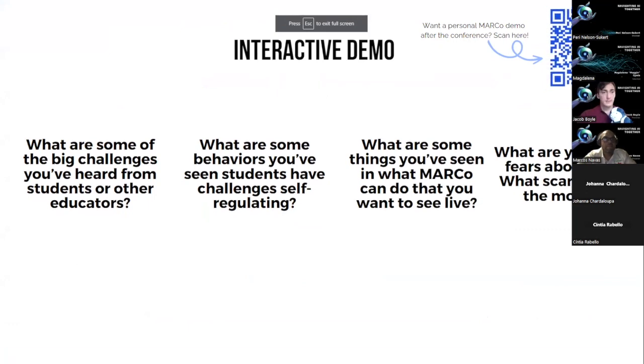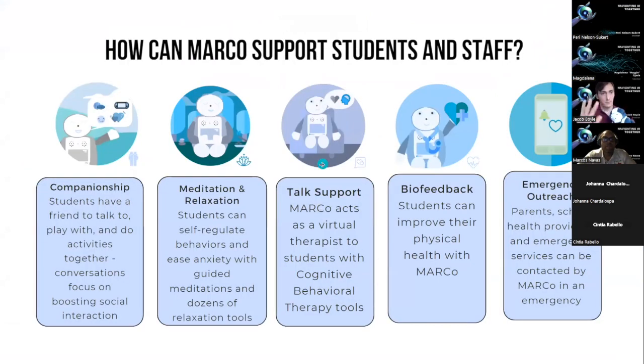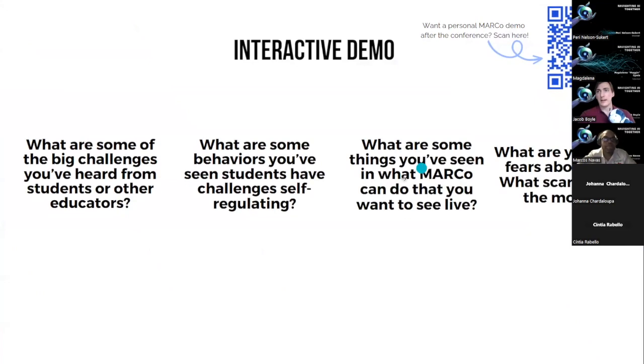Now, on the other end is the doing activities. And these, right, if I go back, we have a ton of different categories for student support, but also for a lot of these courses in both STEM and SEL. So one of the things I wanted to ask is, what are some behaviors you've seen students have challenges self-regulating over the years?